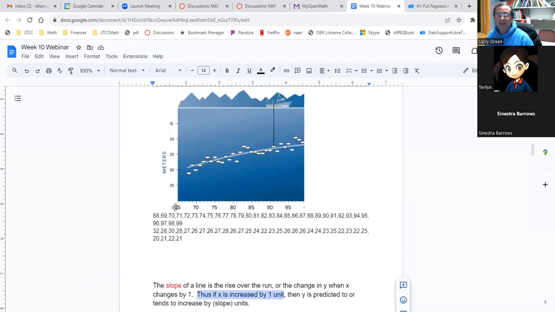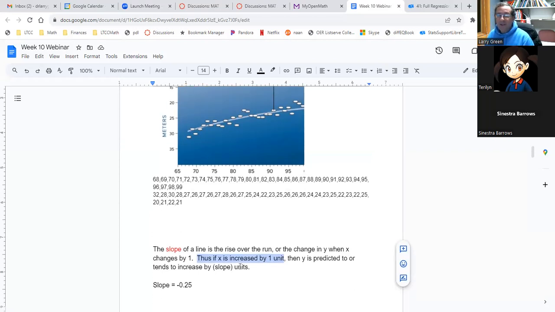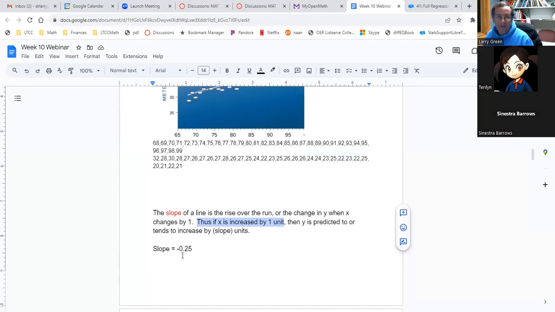Our x-axis is years, so if we wait a year, or for every year that passes, then y is predicted to, or tends to, on average, change.